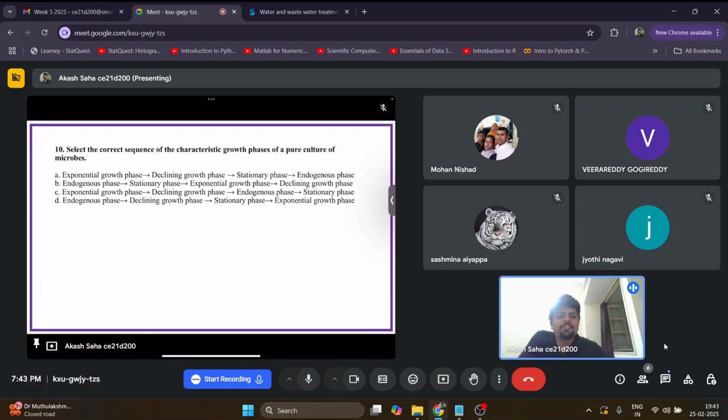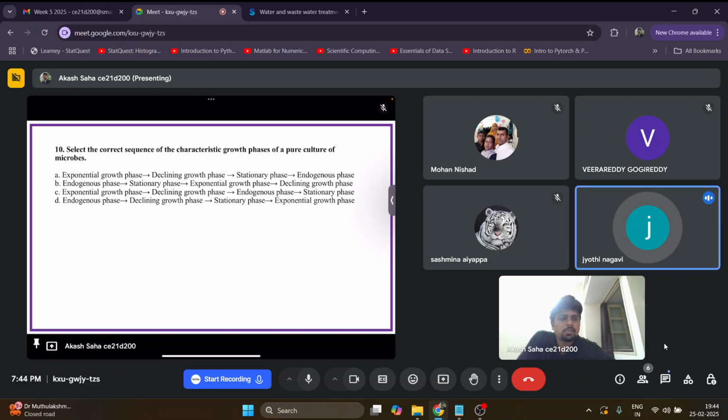We have a stationary phase, an endogenous phase, a log growth phase, a declining growth phase, and an exponential growth phase. So just in sequence, one after the other, tell me the correct sequence of the growth phases.